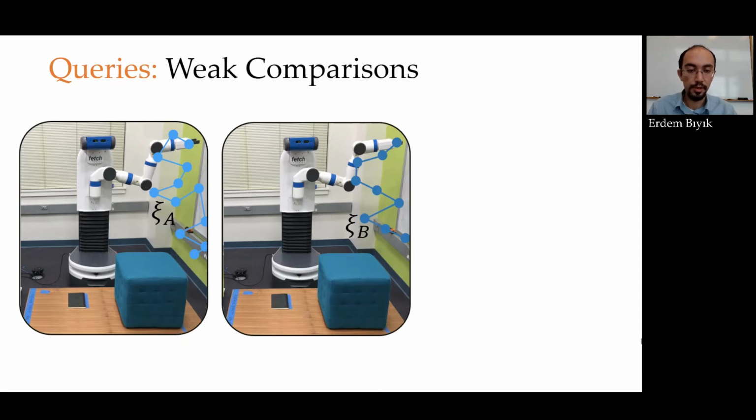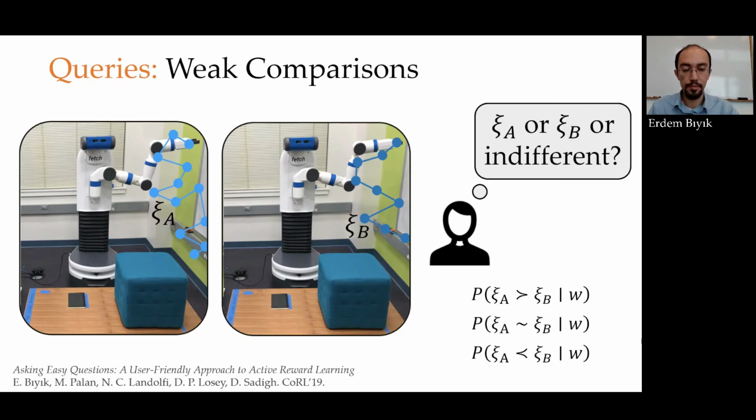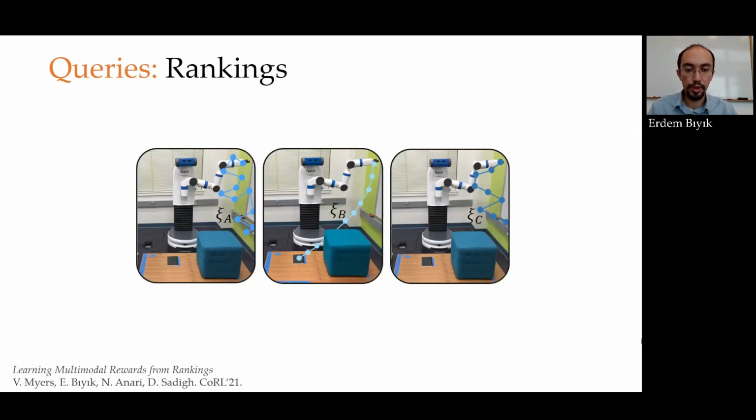In APREL, the designers are not restricted to the pairwise comparison queries. For example, another query type that's readily implemented is weak comparisons, where the user is given a chance to say they are indifferent between two options. Again, all APREL needs is a response model. Also, queries do not have to consist of two trajectories.